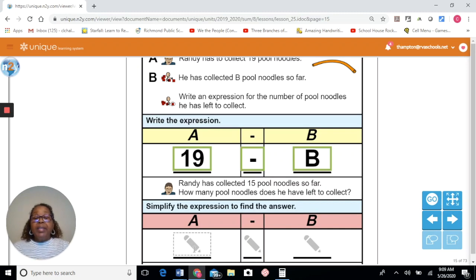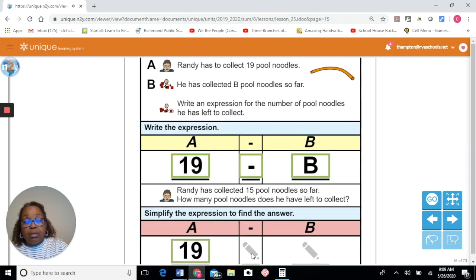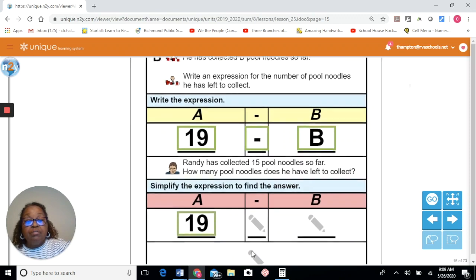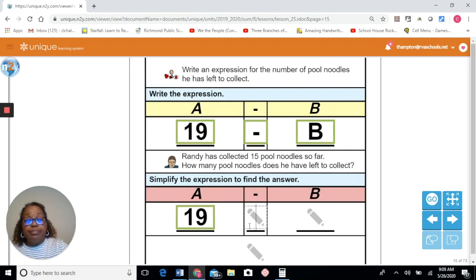All right, Randy has collected 15 noodles so far. How many pool noodles does he have left to collect? So we know that 19 is A, and we know that we're going to be using the operation of subtraction.